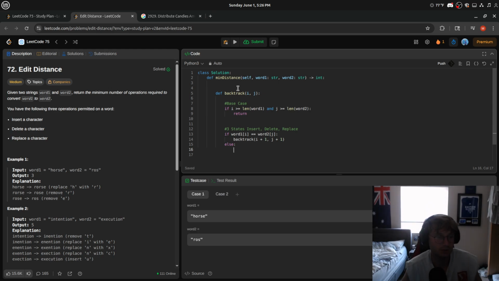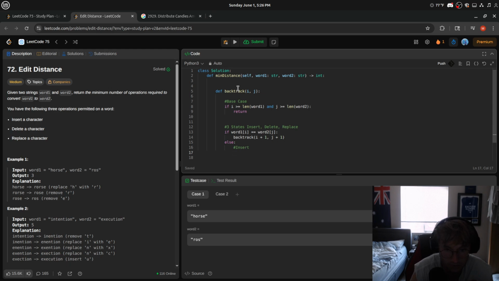Okay, so we can either replace H with R. Okay, so we can do, well, let's do insert. We need to insert a character, which would be, given two strings word1, word2, return the minimum number of operations required to convert word1 to word2.